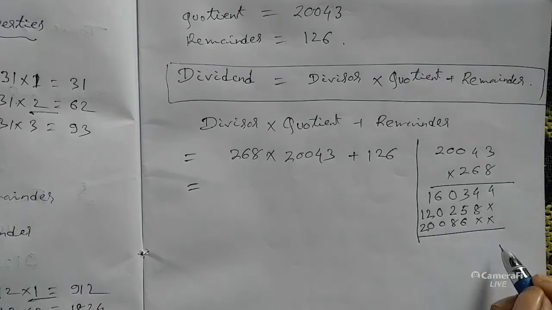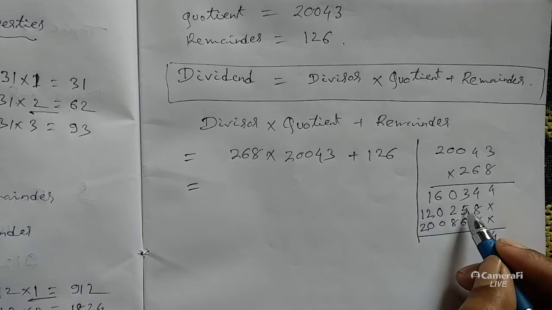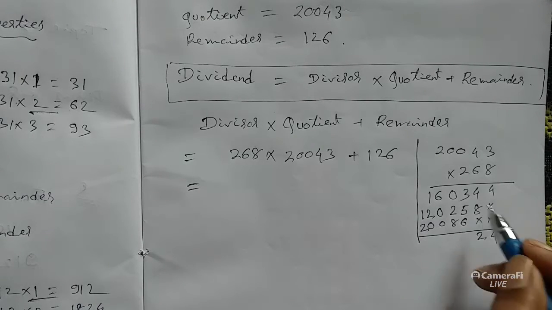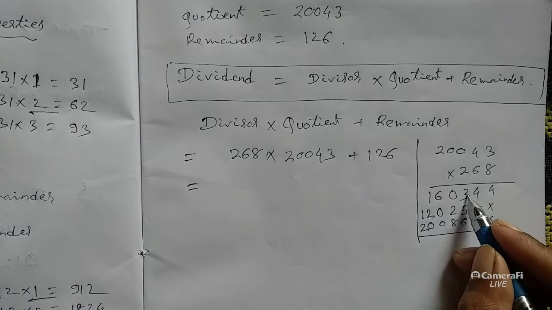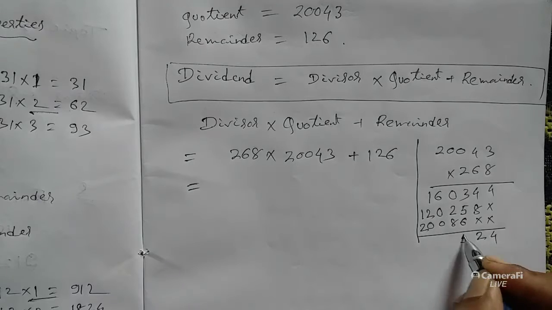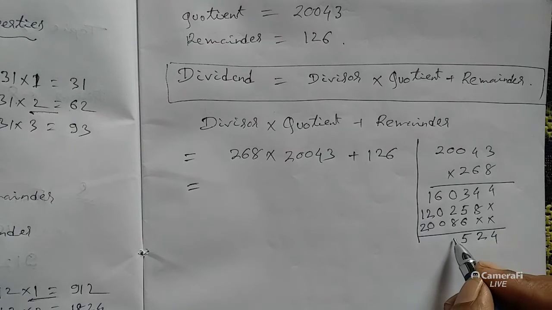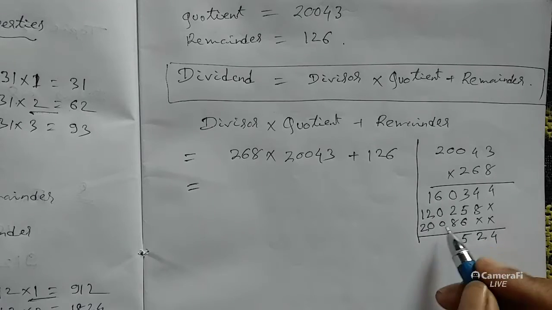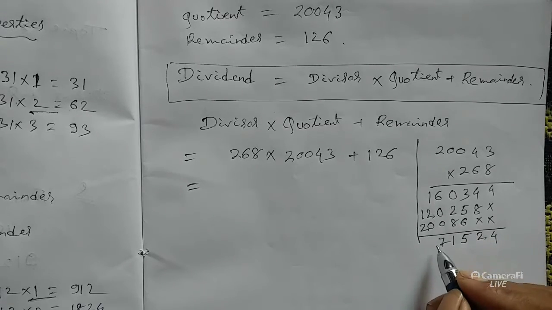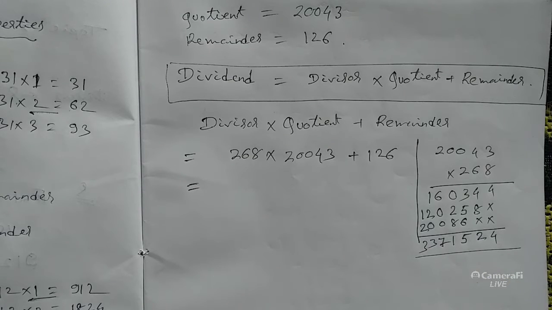Now we have to add: 4, 4 plus 8 is 12, 1 carry, 4 plus 3 plus 5 is 8, plus 3 plus 5 is 8, 8 plus 6 is 14 plus 1 is 15, 5, 1 carry, 8 plus 2 is 10 plus 1 carry 11, again 1 carry, 6 plus 1 is 7, 2 plus 1 is 3, 3 3 7 1, 5 2 4.